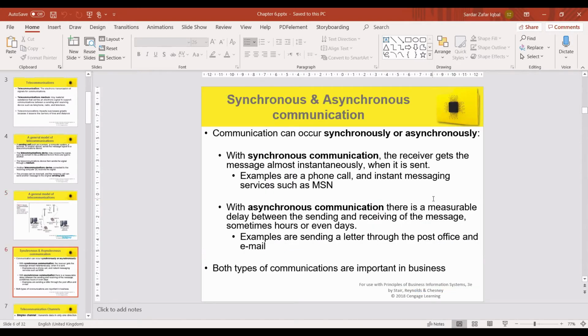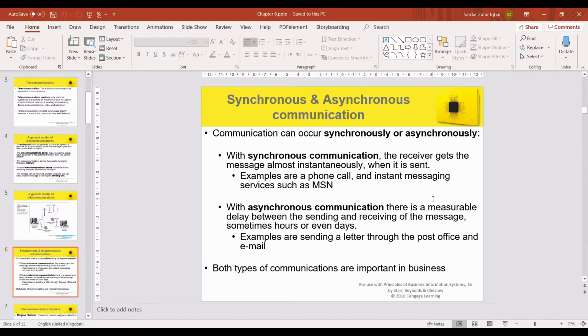Now, communication can occur in two ways, synchronously or asynchronously. What is synchronous? Synchronous means it's kind of automatic, instant, quick. With synchronous communication, the receiver gets the message almost instantaneously when it is sent.